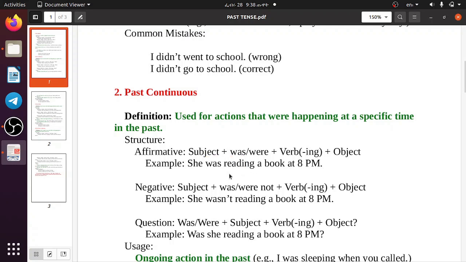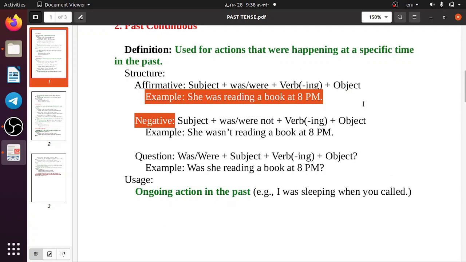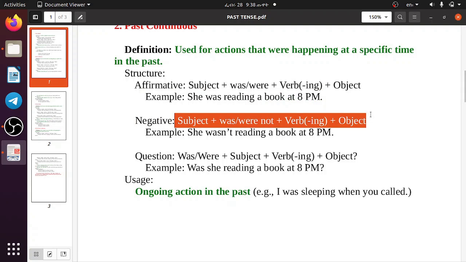In negative form, subject plus was or were not. When we use negative form, we only add not to the verb. It may be verb to be, verb to have, or verb to do. This is verb to be. For example, she wasn't reading a book at 8 p.m.